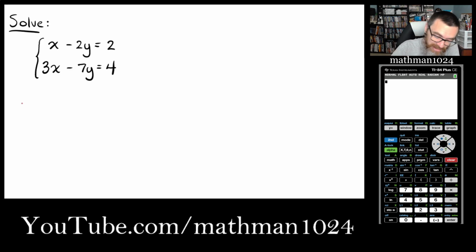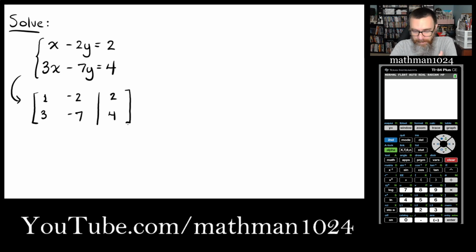So, as an augmented matrix, this becomes 1, -2, the vertical bar for your equal sign, and we have 2 on the other side. Then we have 3, -7, and 4. Now, we're going to be performing matrix row operations on this so that we can get it into row echelon form and then the reduced row echelon form.